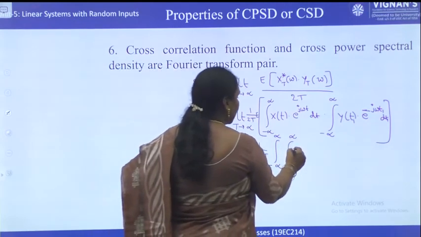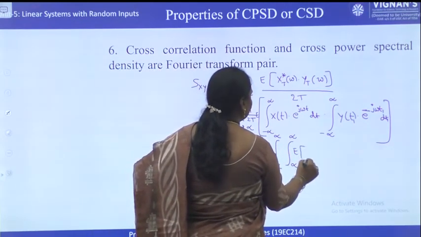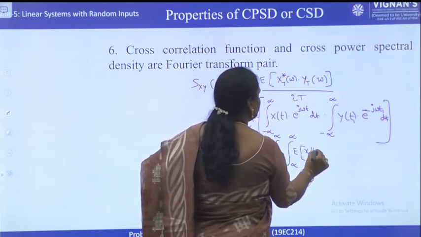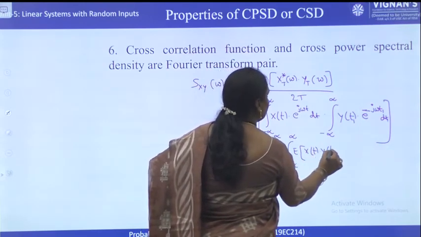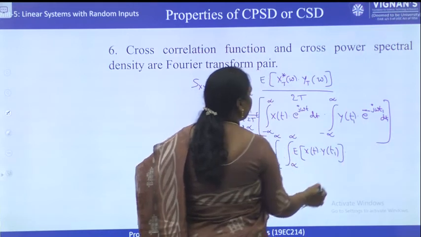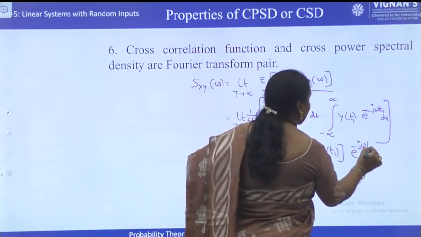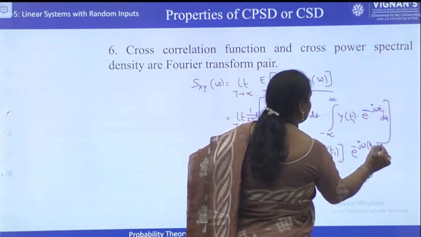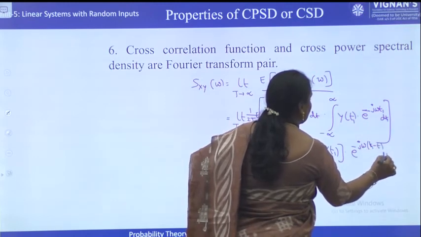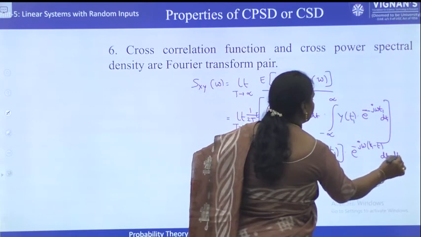Expectation of x of t into y of t1 into e power minus j omega (t1 minus t) dt1 dt.